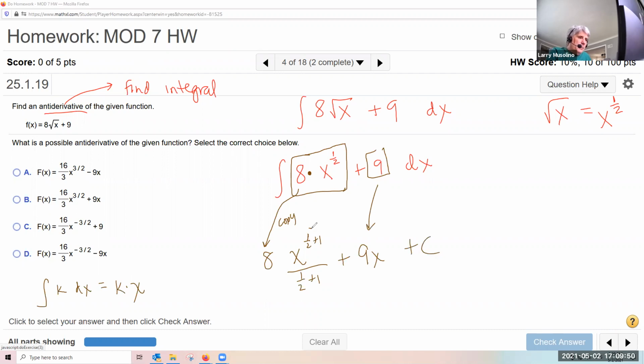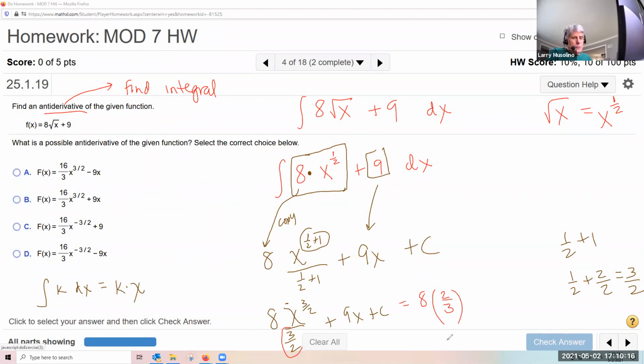All right, but let me clean up this exponent. 1/2 plus 1 is the same as 1/2 plus 2 over 2. Well, that's 3 over 2. So this is going to be 8 x to the 3/2 over 3/2 plus 9x plus c. But whenever you divide by a fraction, you flip the fraction upside down and change to a multiply.